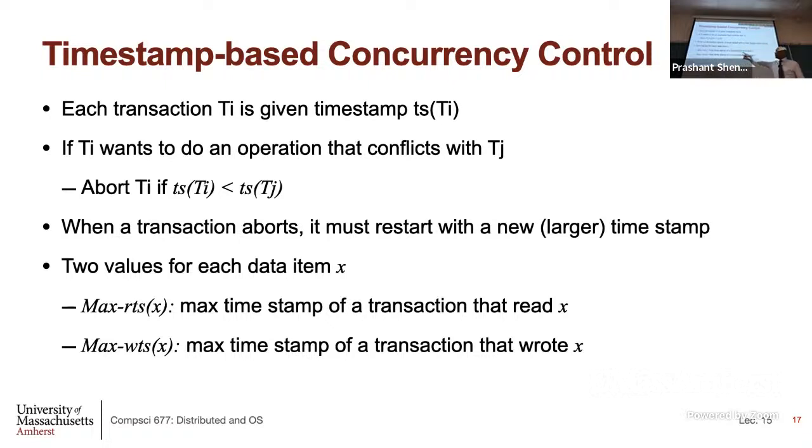The read timestamp of a data item X is the timestamp of the most recent transaction that read it. And the write timestamp is the timestamp of the most recent transaction that wrote to it. So it's the most recent read time and the most recent write time. That's what you're going to track: which transaction has read it most recently, and which transaction has written to it most recently.